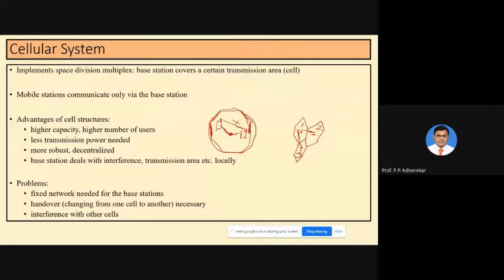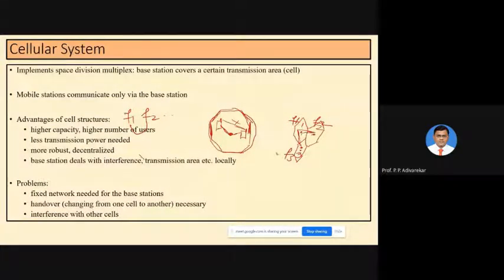Suppose a base station has a set of frequencies denoted by f1, f2, and so on. When a user moves from one cell to another cell, his communication channel has to be moved from f1 to f2, because suppose one particular cell is using f1, this cell is using f2, and this cell is using f3.